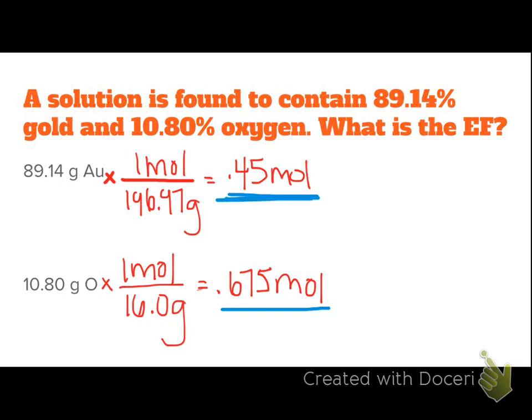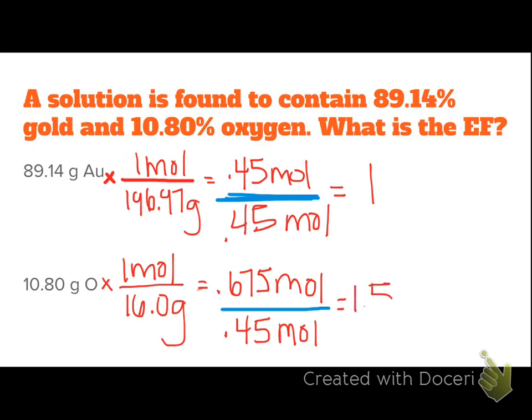So we're going to divide both values by that. Now, 0.45 divided by 0.45 equals 1. 0.675 divided by 0.45 equals 1.5.